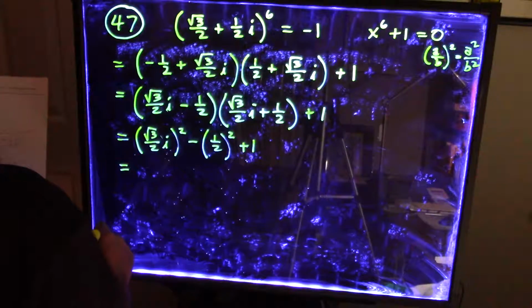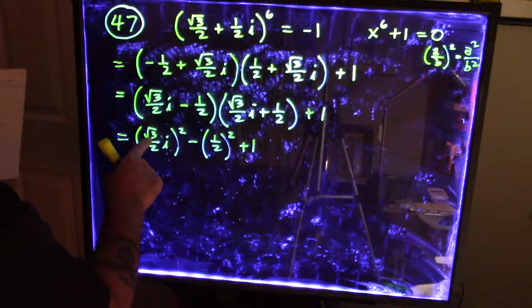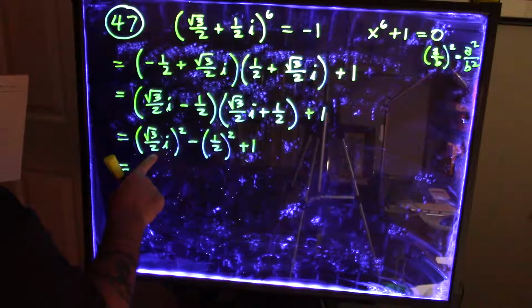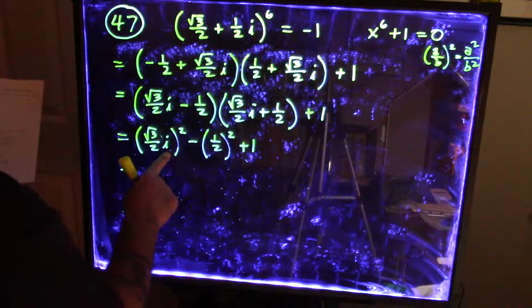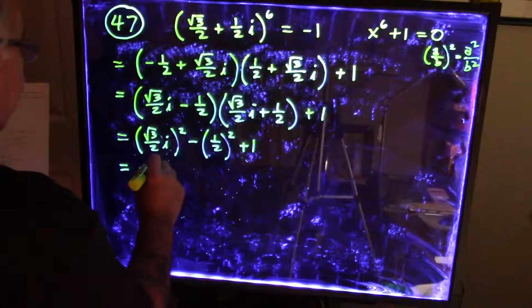Okay, so this is equal to square root of 3 squared is 3, 2 squared is 4, so 3/4 i squared is -1, so that's -3/4.